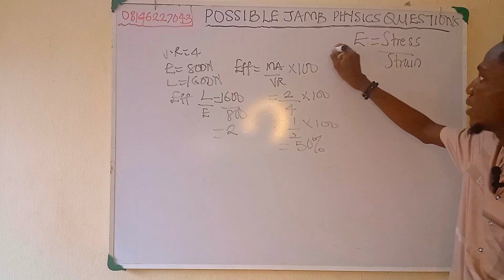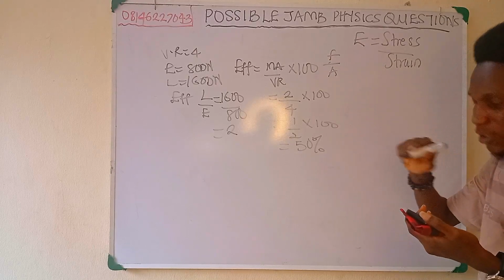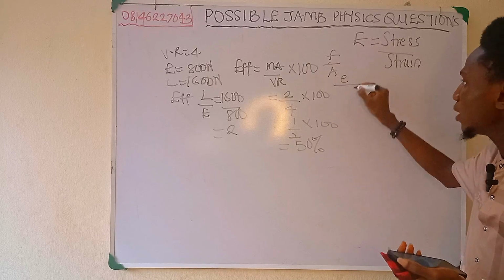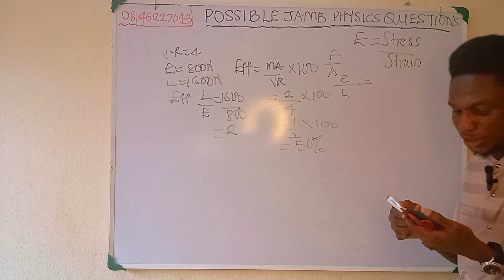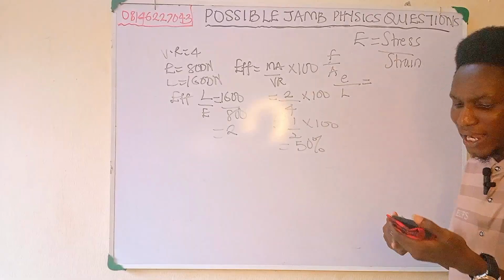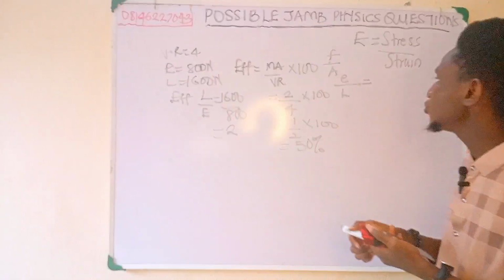Now, stress is force over area, although they gave us stress in this question. Now, strain is what? Extension over original length. In this question, they told us about the extension, that the wire moved from 10 to 10.05.